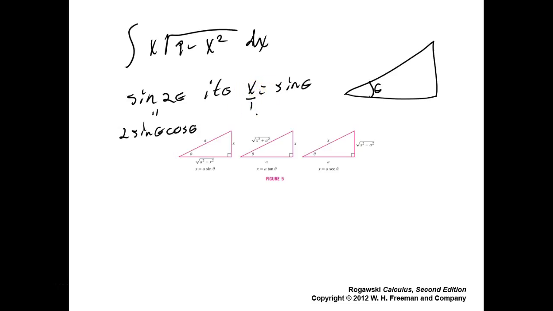The opposite will be x, hypotenuse 1, because it's x over 1, isn't it? And sine is opposite over hypotenuse, so that would be x over 1. Now you can tell me what the other side is, because cosine is going to be the adjacent over 1, right? What is the adjacent side then?